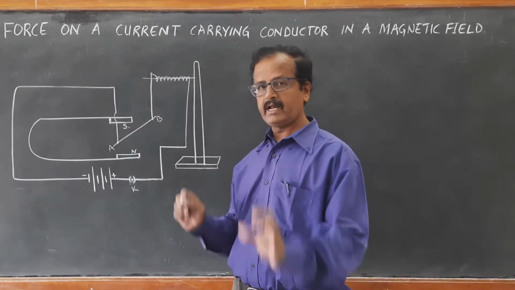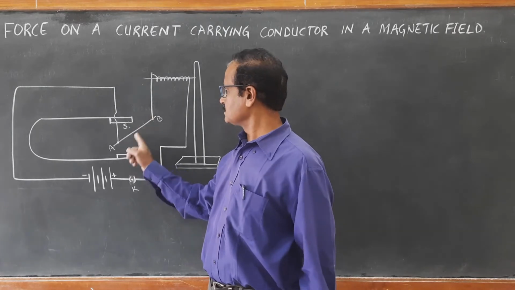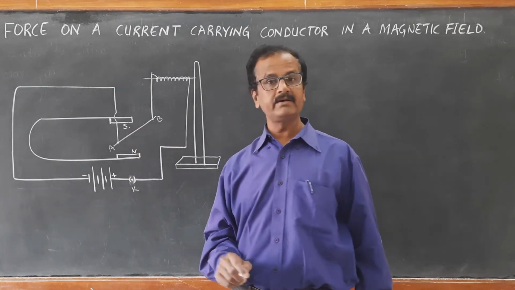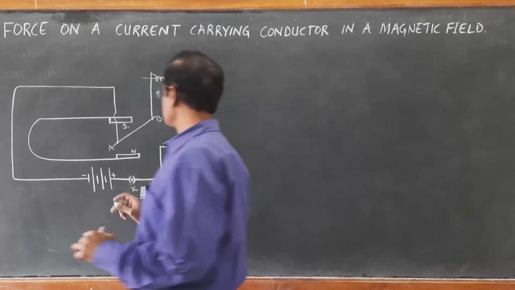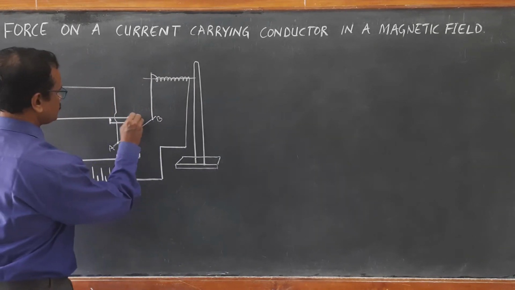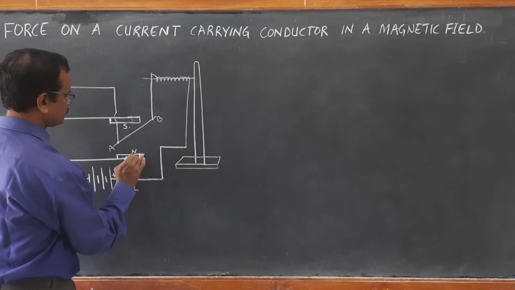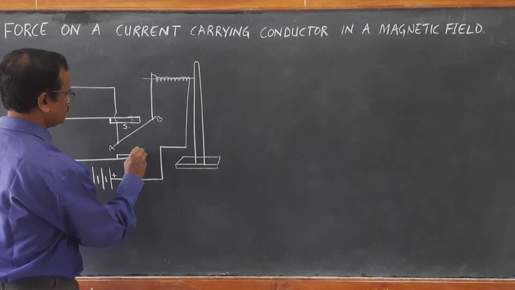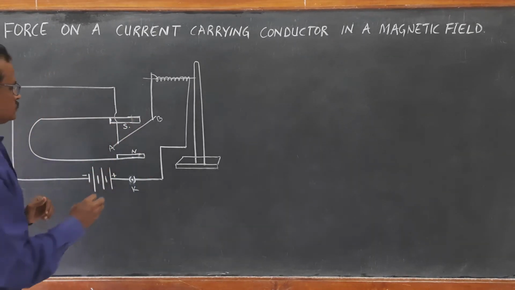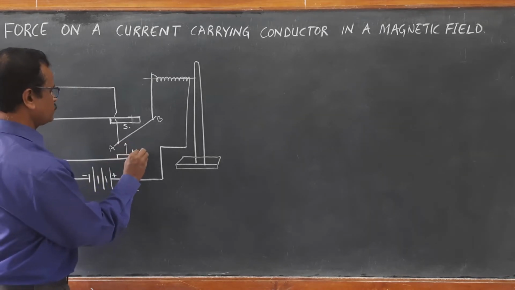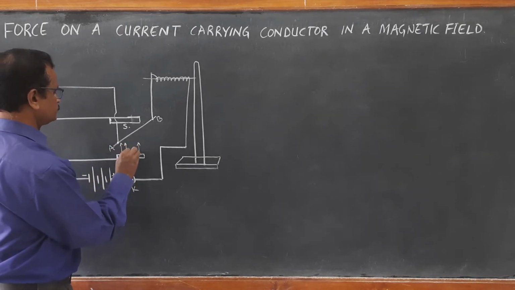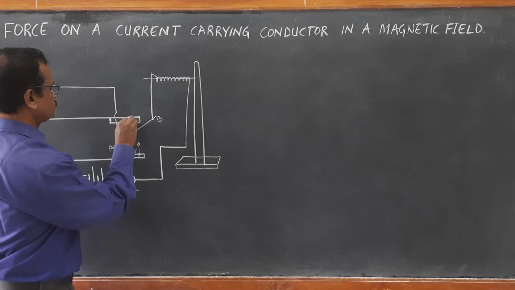This strip is placed in the magnetic field formed by the horseshoe magnet. You can extend the horseshoe magnet so that you understand properly. This is the magnetic field, with field lines acting from north to south.